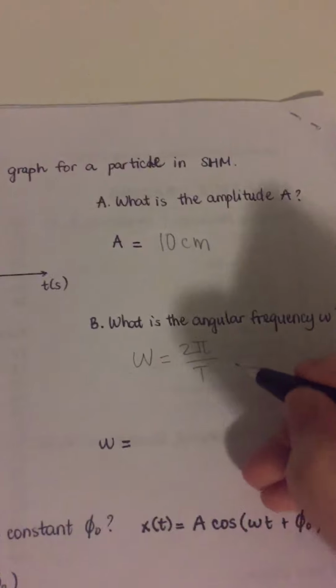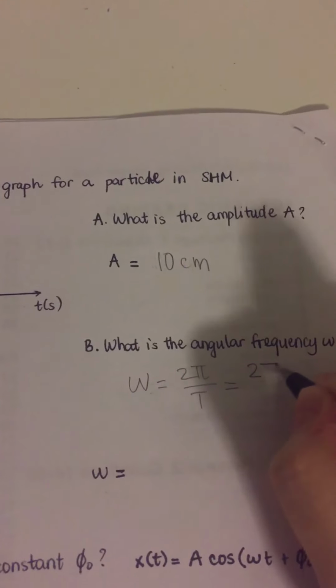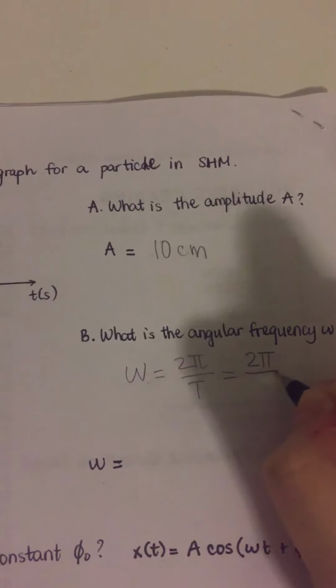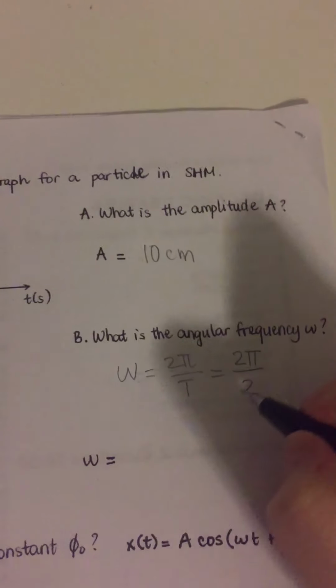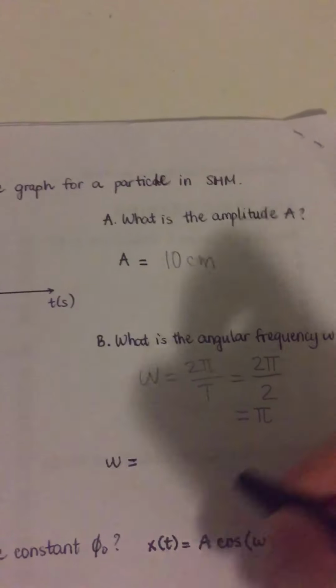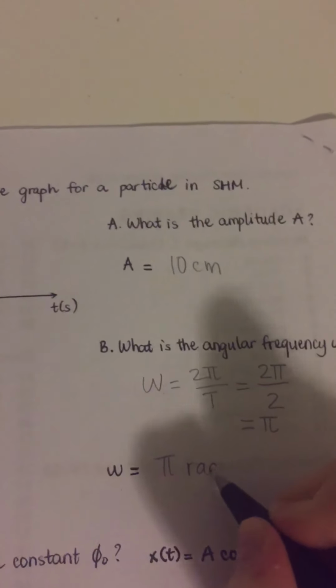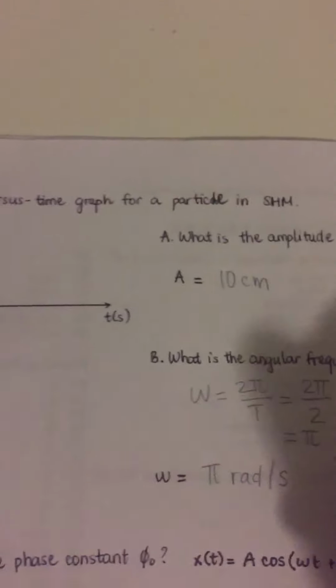So our T is 2 seconds, and I'm going to plug that into our equation. That will be 2 pi over 2, which gives us pi. So our omega is pi radians per second.